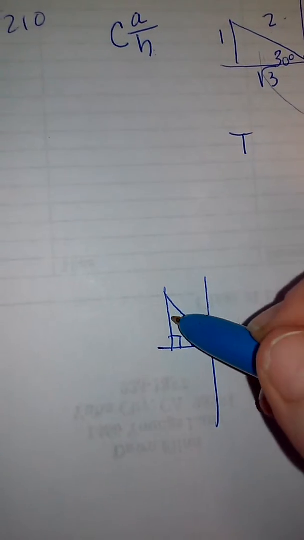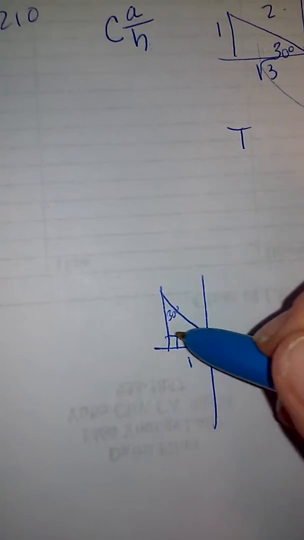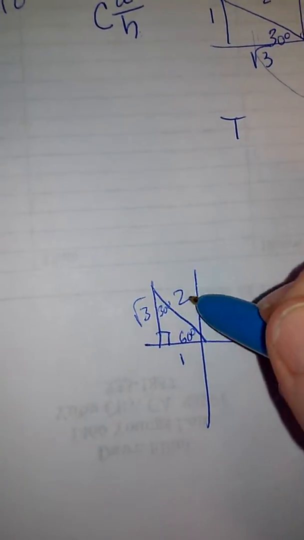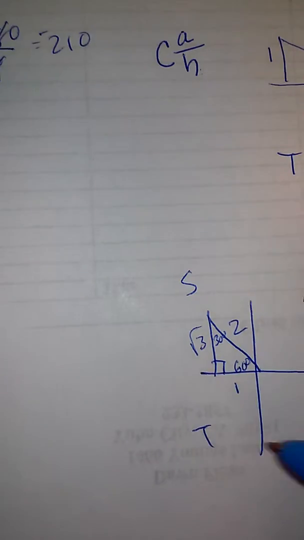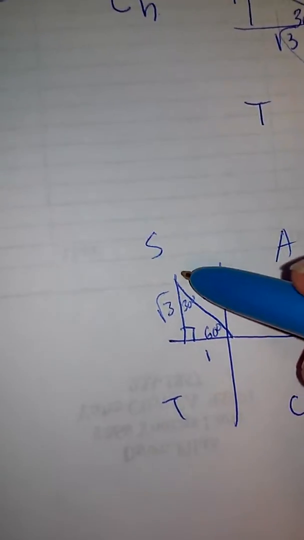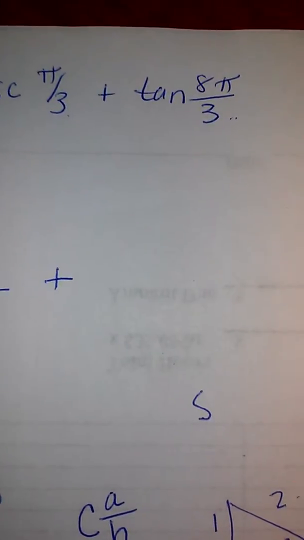This is 1, root 3, this is 2. What quadrant am I in? Wait, what am I doing? I'm doing tangent, and tangent is negative here. It's just plain old tangent, not even cotangent.